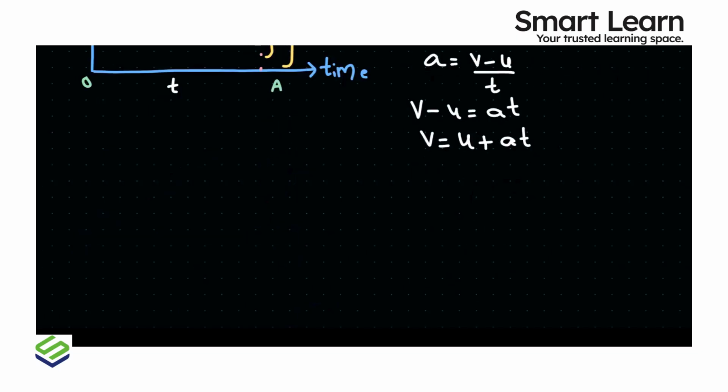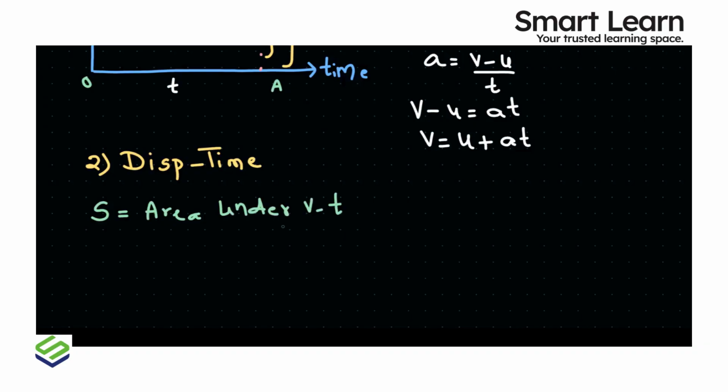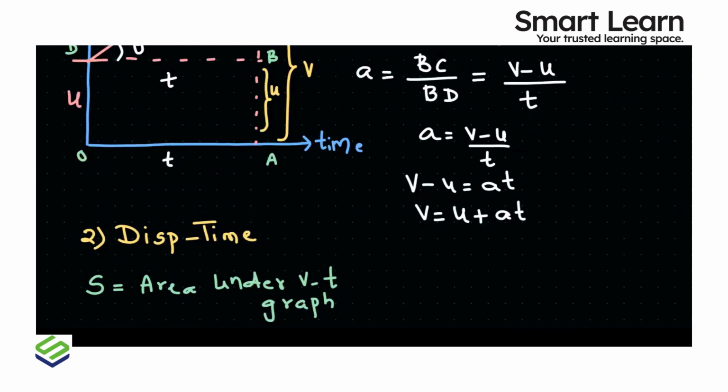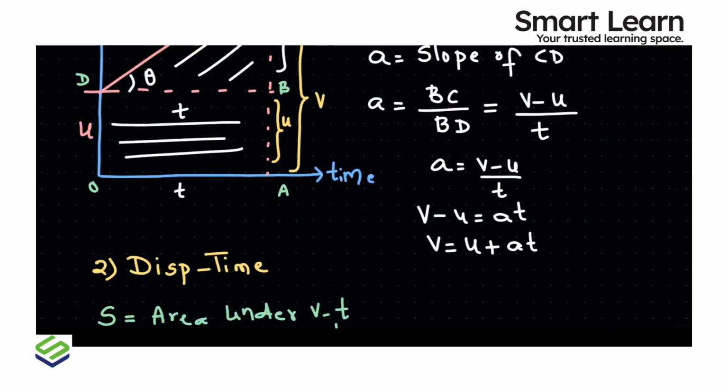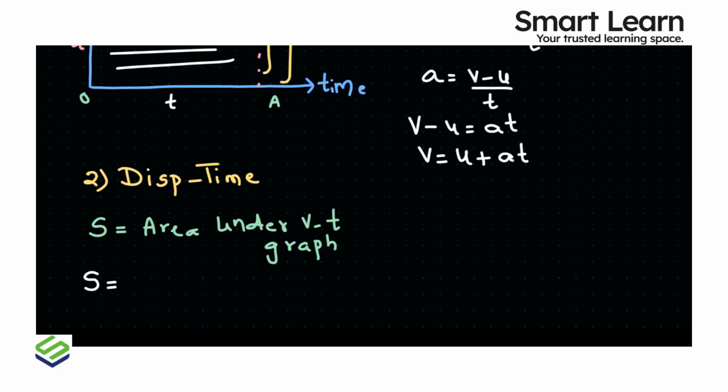What is that? Displacement time correlation. To find displacement, I need the area under the graph. Area under VT graph will give us displacement. So I start with S is equal to the area under the graph, which is the area of this rectangle plus the area of the triangle. So area of OABD plus area of the triangle BDC.